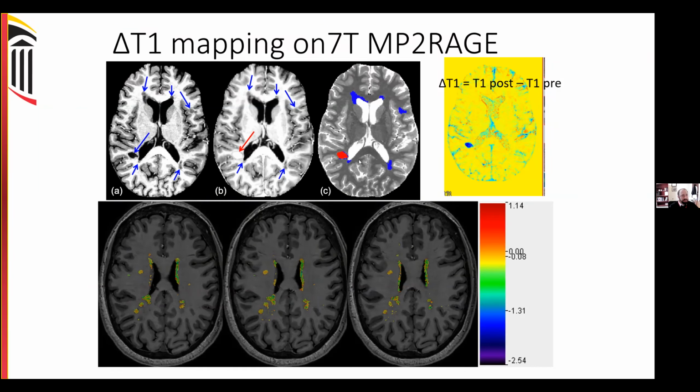Then we subtracted the T1 map from the pre-contrast acquisition from the T1 map from post-contrast to create these delta T1 maps. You can see on the delta T1 map, not unexpectedly, there's a very large change in that visibly contrast enhancing lesion. But when you look specifically at all those non-contrast enhancing lesions, you can see a gradation of delta T1 change shown by these heat maps here.